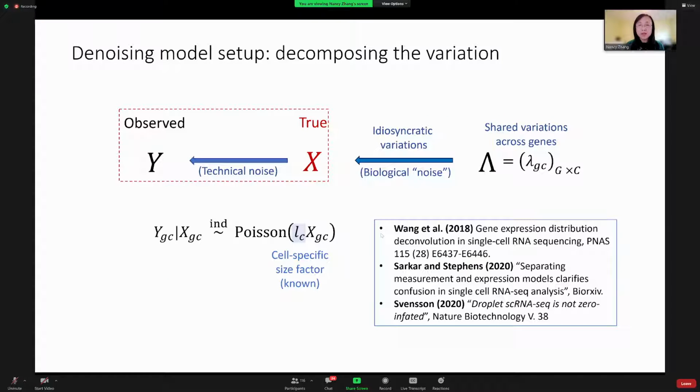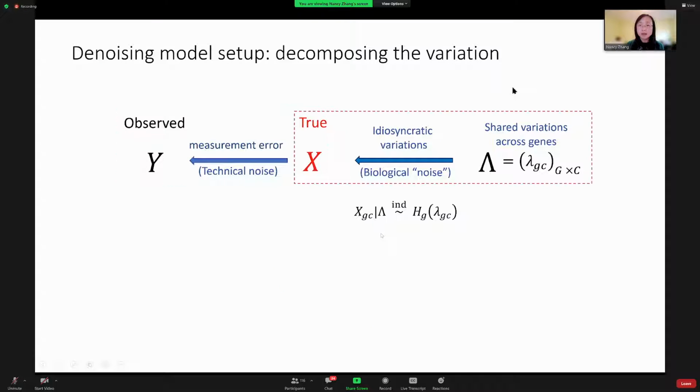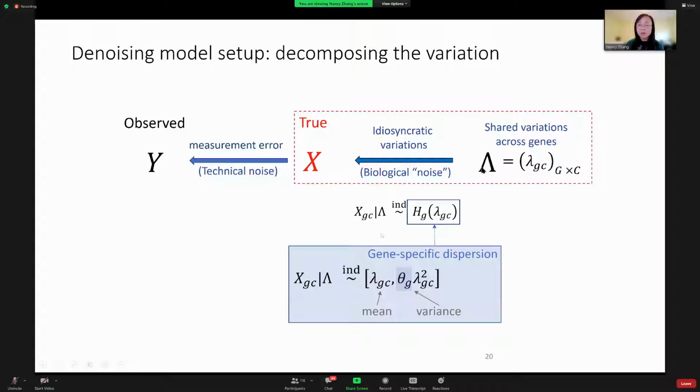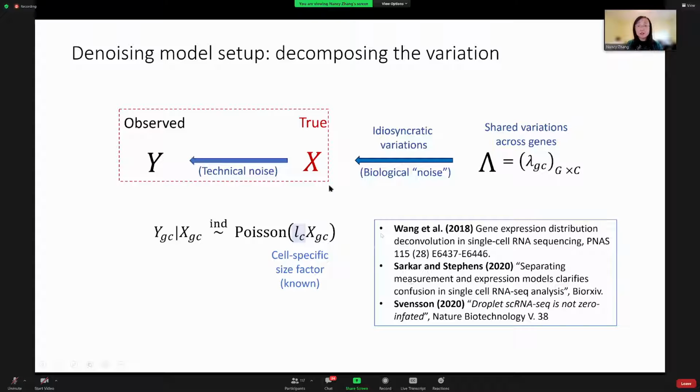So basically in this model, you have to have a model, right? Here we have a very simple model where X is derived from lambda and Y is derived from X. In the distribution of X given lambda, there is one parameter that controls how much dispersion there is, and that is a gene-specific parameter, theta G. In the distribution that controls how Y comes from X, there is one parameter, LC, which we know.